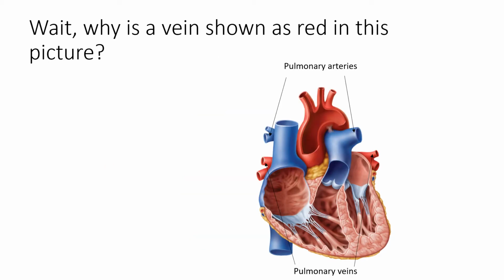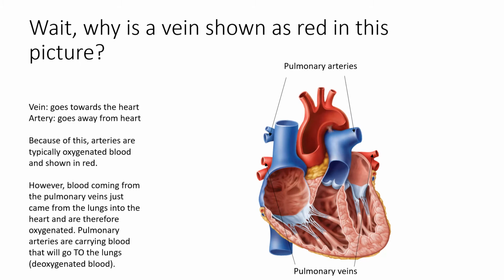So let's think about the definition of a vein versus an artery. A vein is blood being carried towards the heart, whereas an artery is blood that is being carried away from the heart. So typically, arteries are oxygenated blood and therefore are shown in red, whereas veins are deoxygenated blood and therefore are typically shown in blue.